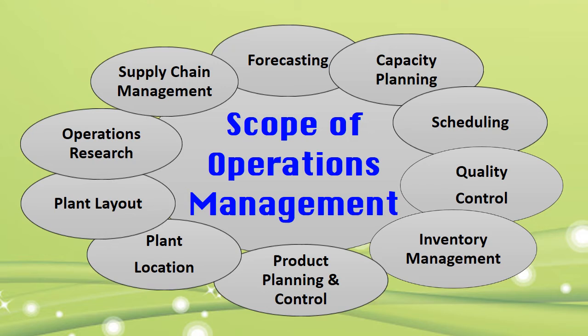The various processes like planning, directing, controlling and coordinating are required for a proper inventory management system. Then comes production planning and control. Production planning and control is important for every organization, whether it's a small or a large organization.